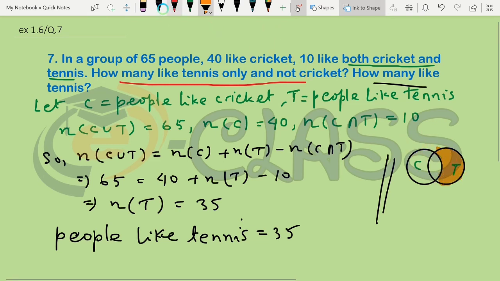If we write it mathematically, this region is said to be T minus C. So we have to find the value of T minus C.